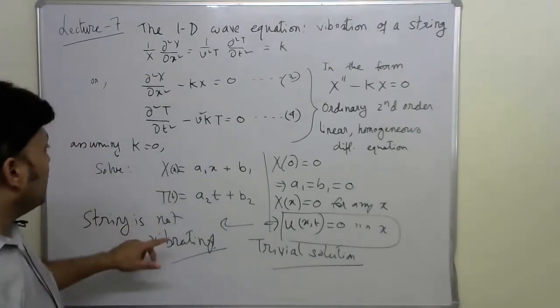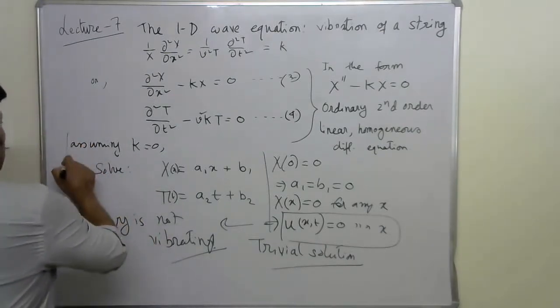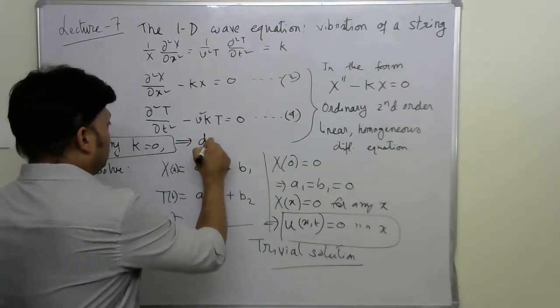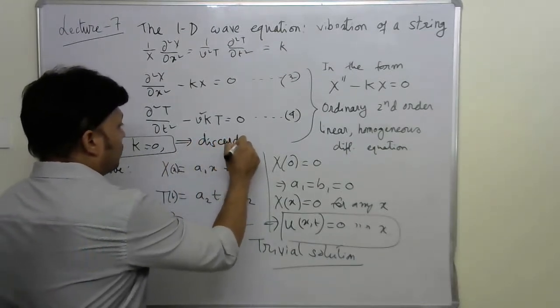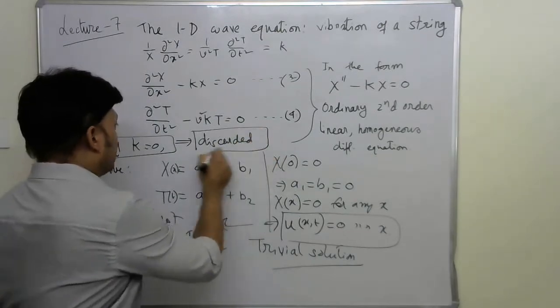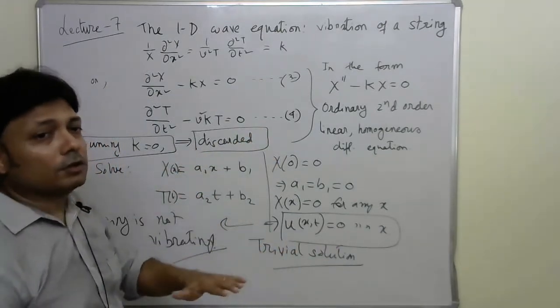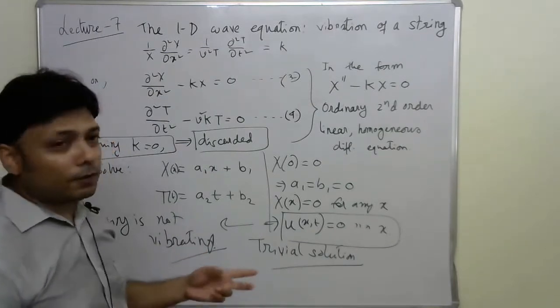So we discard this assumption, because this gives us a trivial solution. So the assumption that k is equal to 0 is not good, and so we have discarded it. So we are left with two other options.